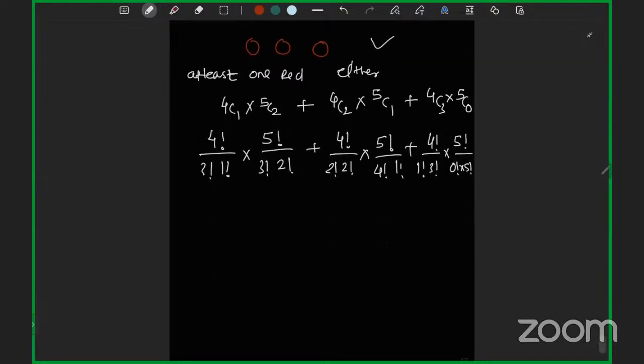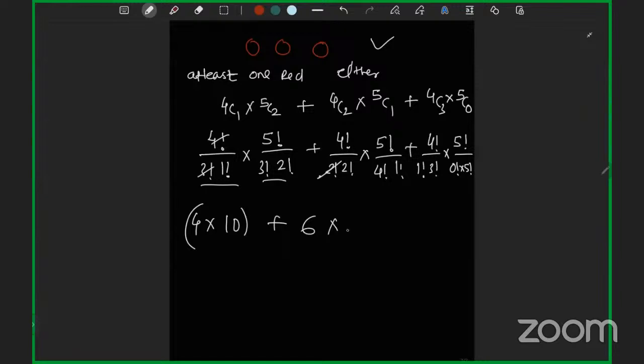So if we solve this, you'll have 4 here. Then in this case, you'll have 5 into 4, and that is 10. Plus, if you solve this, that is 4 into 3, and you cut that out, and 6 is there.